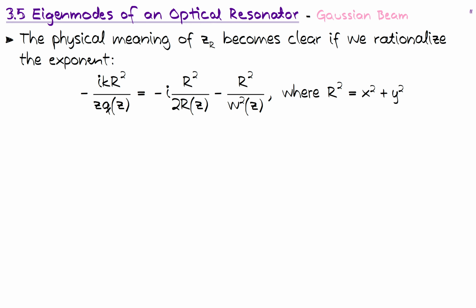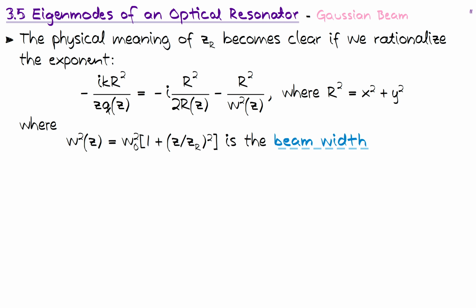Here w squared is the beam size or beam width, and that's given with respect to the Rayleigh range. So in a way, the Rayleigh range is a kind of scaling or normalizing factor that affects the beam width as a function of z. If the Rayleigh range is large, then the propagation does not affect the beam width as heavily. But if the Rayleigh range is very small, then of course the beam width changes more quickly.